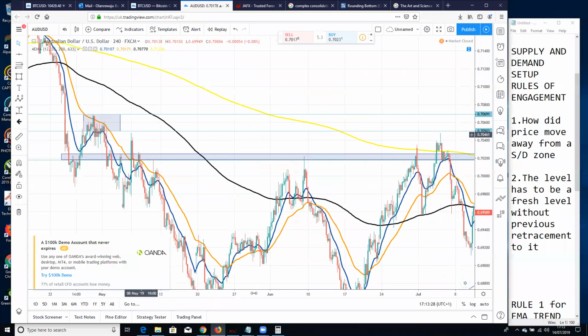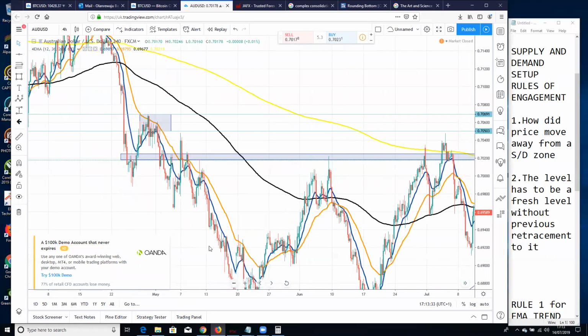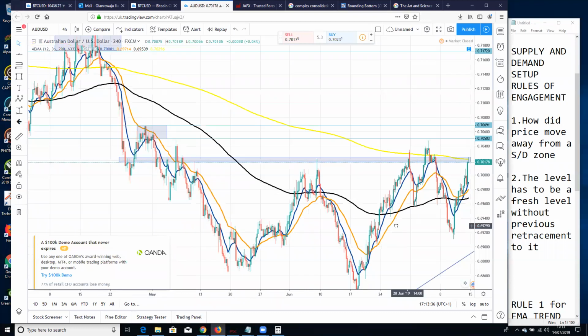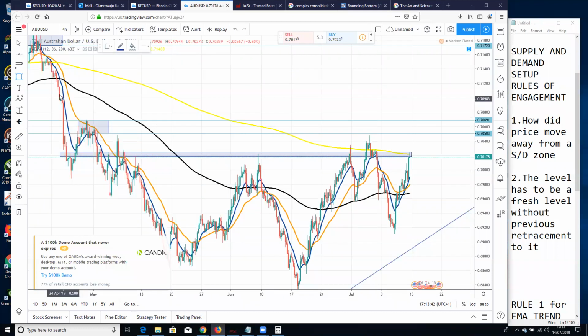So I'll look a little bit to the side again to see if I can get a fresh level where price hasn't been for a long time. If you look here, you can see the green and the red somewhere here. And you can see the drop. The first question is, how did the price move away from the supply and demand zone?